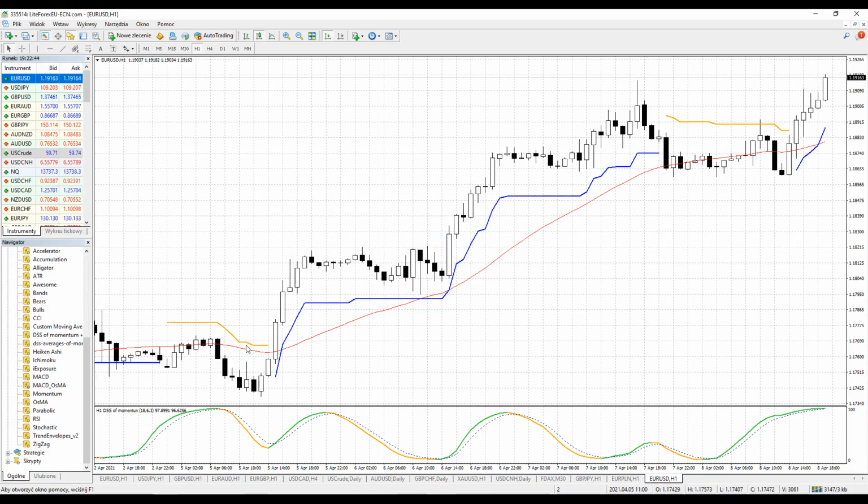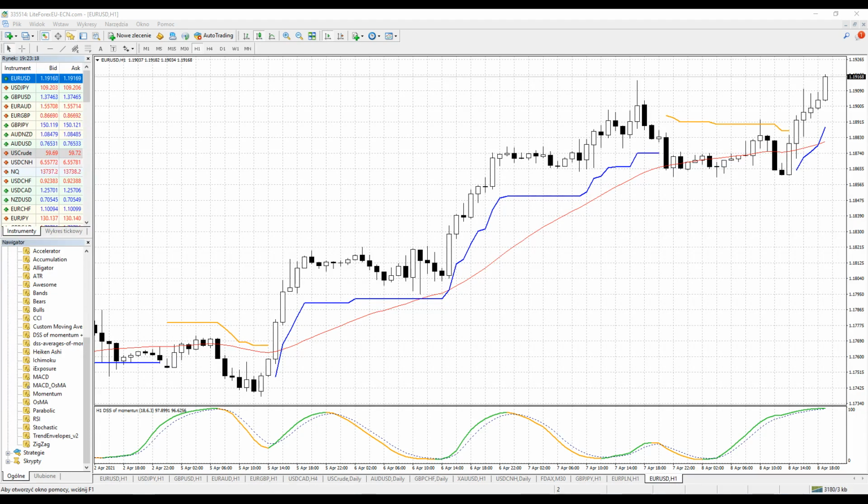Then we have blue and orange, that's the Trend Envelopes version 2. And at the very bottom, we have the DSS of Momentum. When we are talking about the confirmation, how does it look, and how we might try to take advantage of the market.